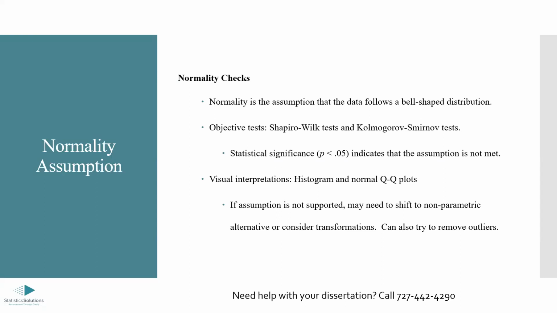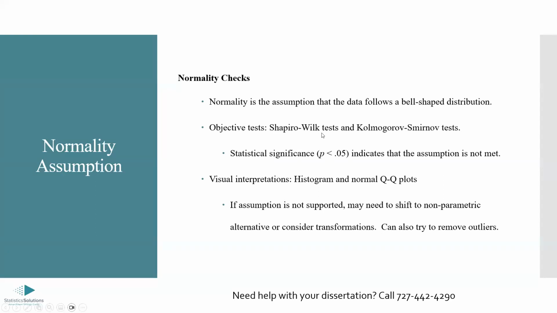There are objective tests, like a Shapiro-Wilk test or a Kolmogorov-Smirnov test, that will give you a p-value that tells you definitively, do we meet the normality assumption or do we not? I tend to use those approaches more often, a Shapiro-Wilk test. But there are also more visual interpretations.